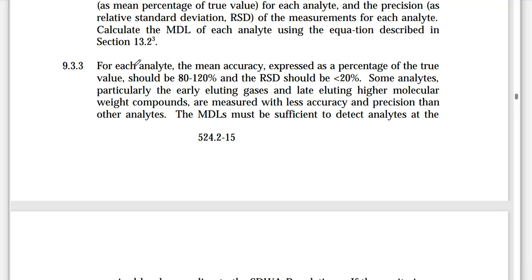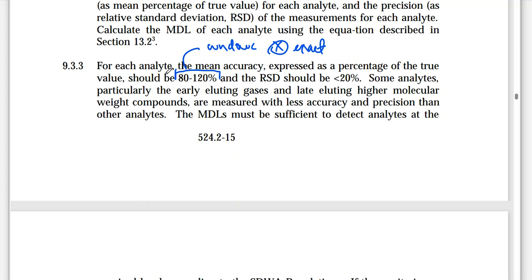So for instance, for each analyte, the mean accuracy expressed as a percentage of the true value should be between 80 to 120%. So keep in mind that windows are always a thing here for laboratory data. We are not really looking for what we call exact data. We don't want it to be exactly what it should be.